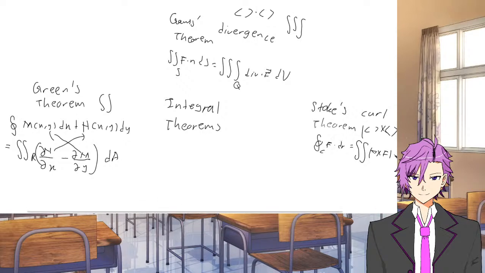Then we put a normal vector here, and then dS. So that is Green's theorem, this is the Gauss theorem, and that is the Stokes theorem. That is the relation between these three theorems.